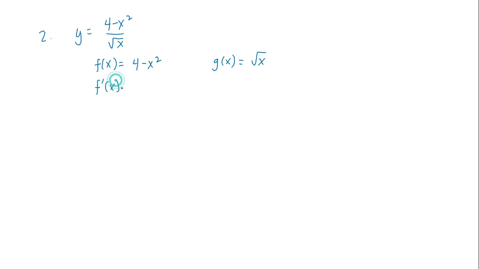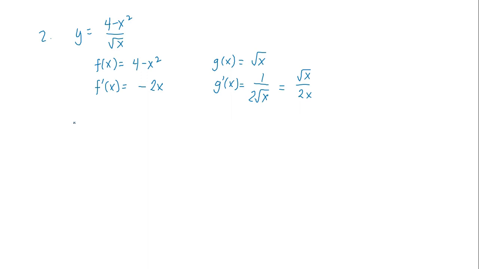Okay, so what is the derivative of 4 minus x squared? So again, the derivative of a constant is always 0. And then, negative derivative of x squared is 2x. Right? And then, the derivative of the square root of x is 1 over 2 square root of x or square root of x over 2x.